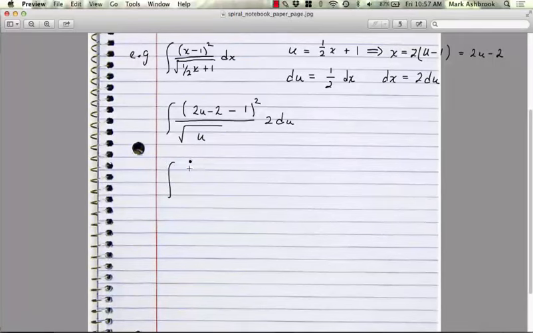Okay, so we get (2u minus 3) squared over square root of u times 2 du. Did the substitution help? Can we see a path here to actually evaluate this integral?